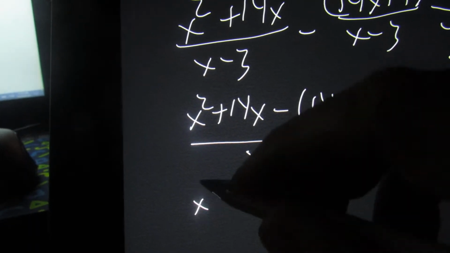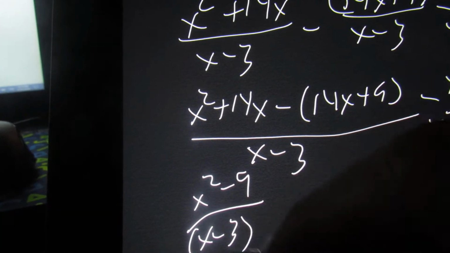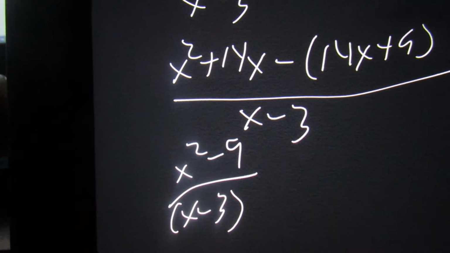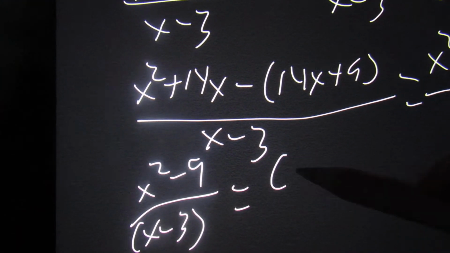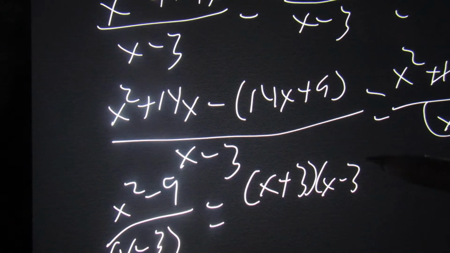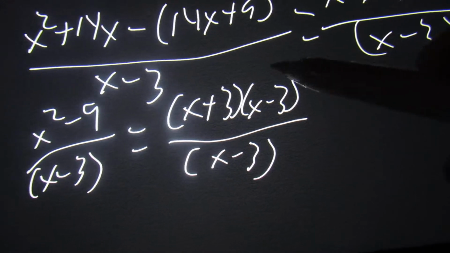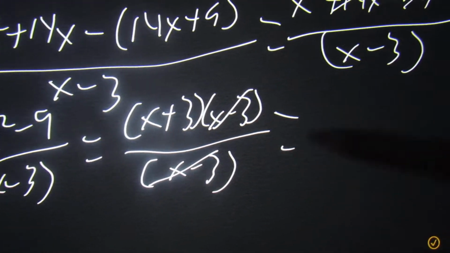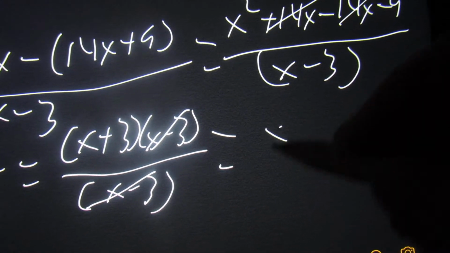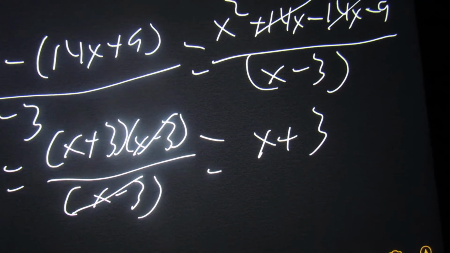So I'm going to be left with x squared minus 9 over x minus 3. x squared minus 9 is a difference of two squares, which is x plus 3, x minus 3, all over x minus 3. The x minus 3's will cancel, and I'm left with x plus 3 as the answer.